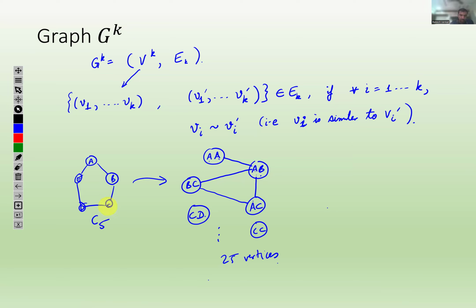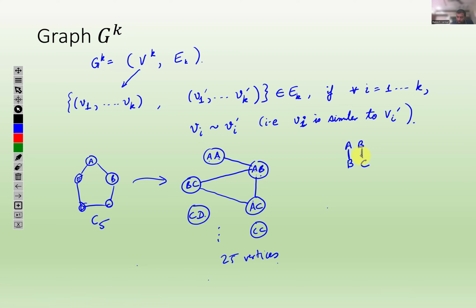So Professor, for a one channel use, yes, question. Can you explain the edge AB and BC once again? Right. So if you look at this coordinate, they are ordered tuples, right? So if you look at the vertex AB and the vertex BC, A and B have a conflict in the base graph, and B and C have a conflict in the base graph. Okay, that is, they are similar.